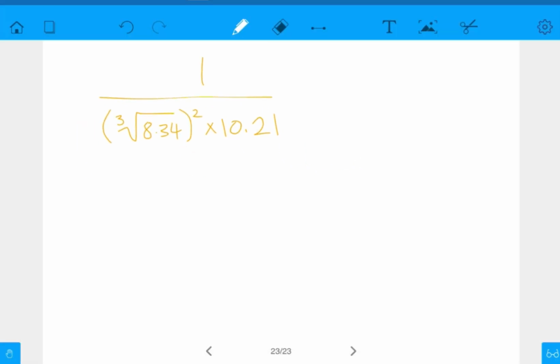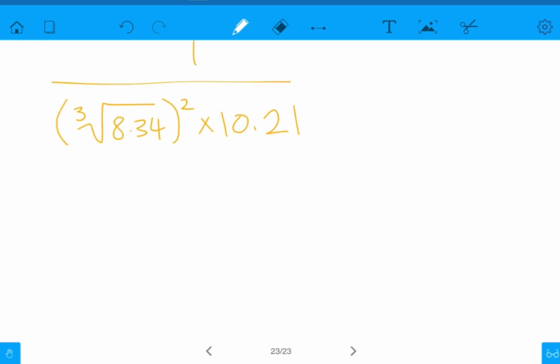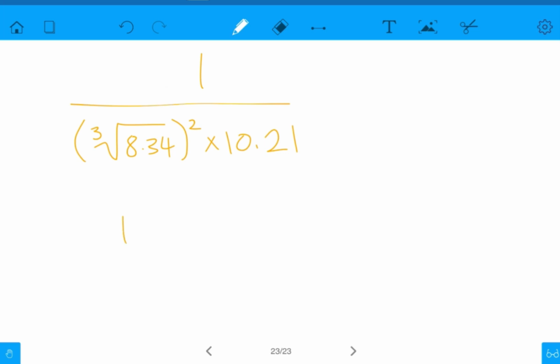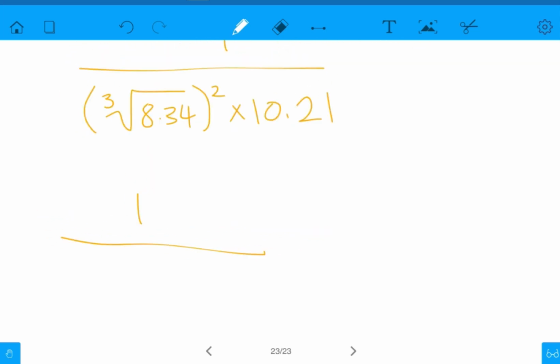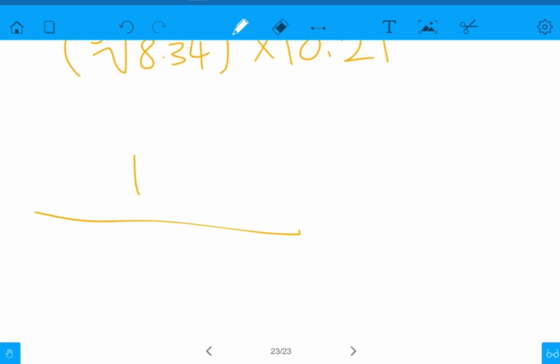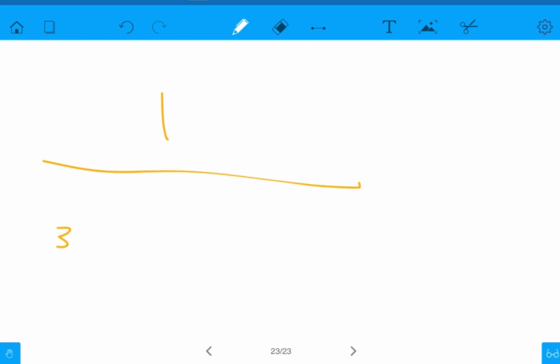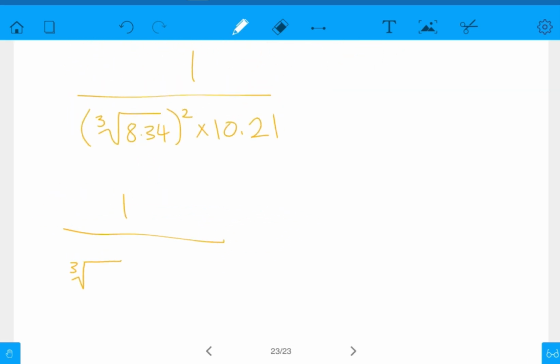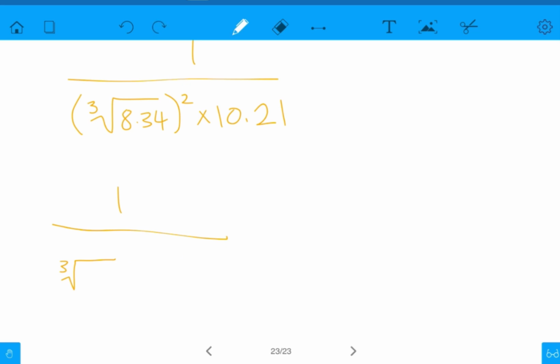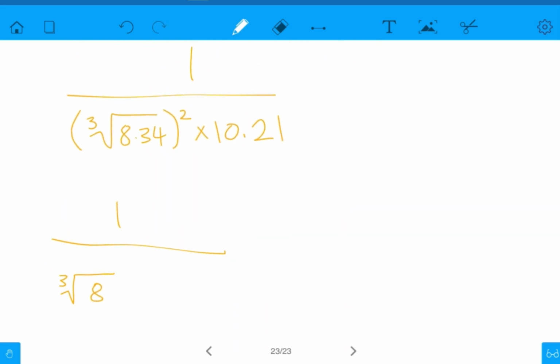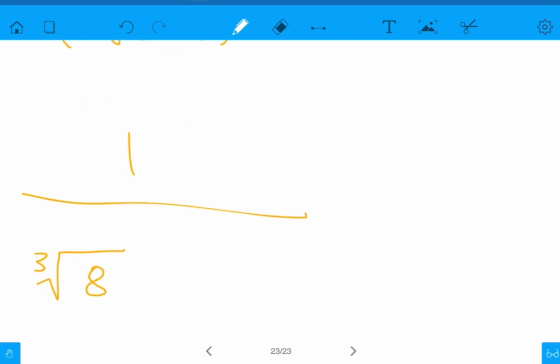We need to round each decimal to one significant figure. So 1 will just stay as it is. The first decimal that we need to focus on is the 8.34. If we round that to one significant figure, that would be 8, because if we look at the next digit, which is 3, then that's less than 5.